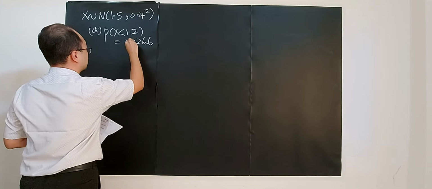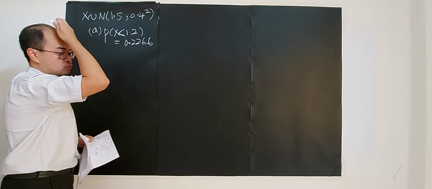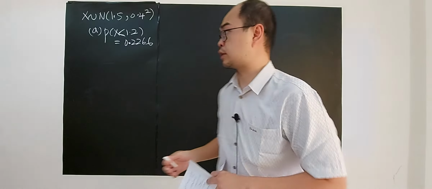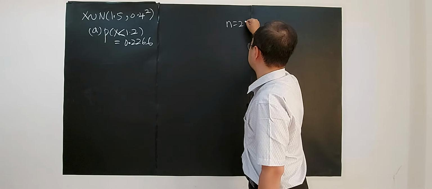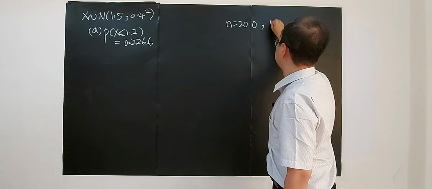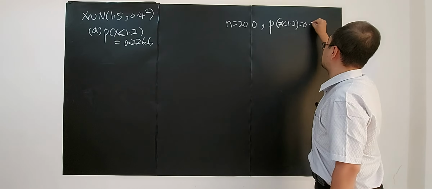0.2266. This is the probability that the weight is less than 1.2 kg for a chicken sold. So now they have 200 samples. The probability of the weight of the chickens being less than 1.2 kg is 0.2266.